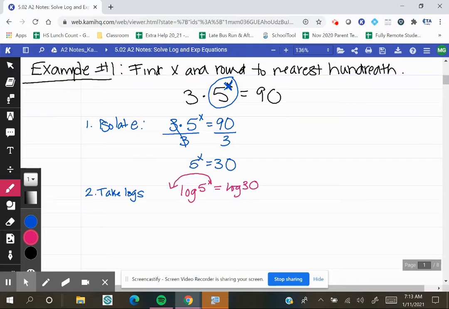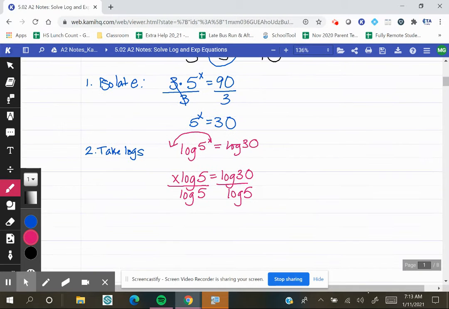So this is really important, and this is one of the main uses of logs, is that it allows us to solve for a variable that's in the exponent. So now I can write x times log of 5 equals log of 30. And to solve for x now, I'm just going to divide both sides by log of 5.